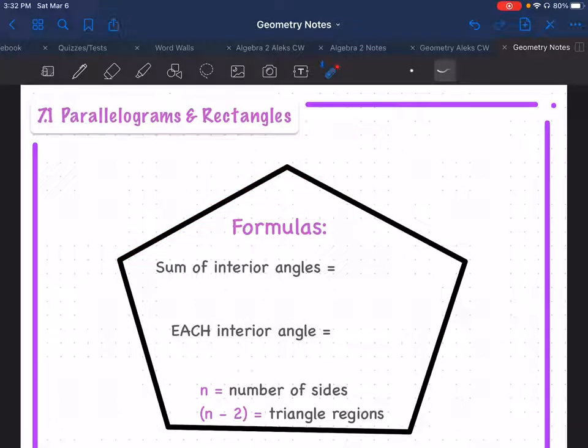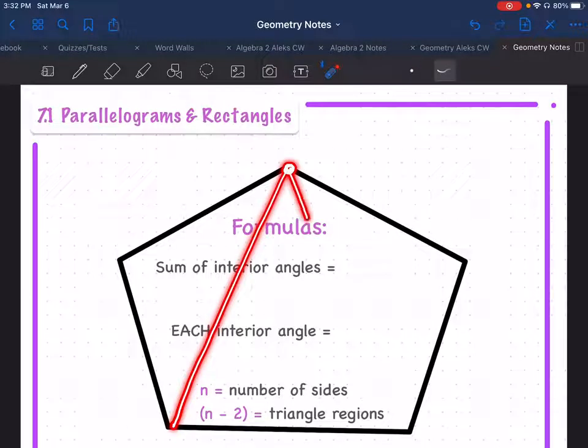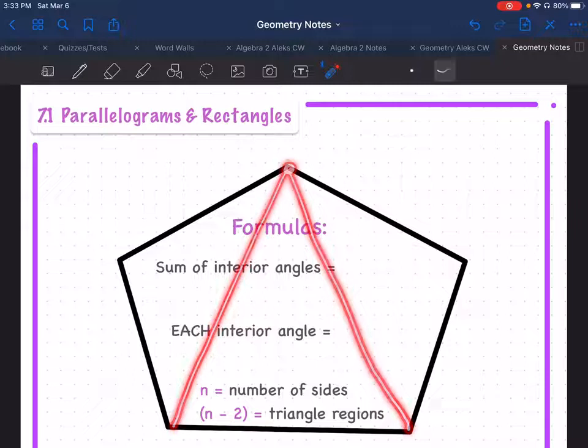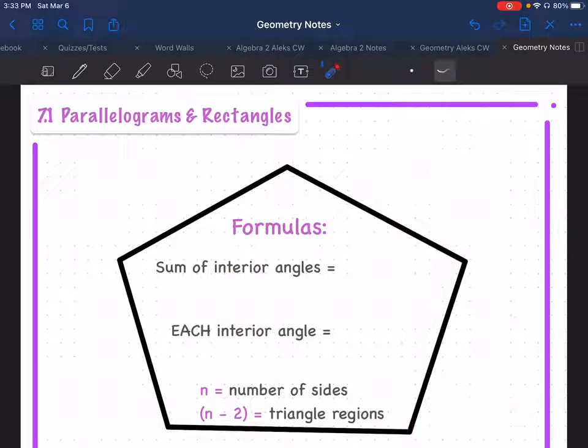Now, what we started to notice is that if I were to take a vertex of my polygon and create all the triangles inside, from one vertex to another, I could figure out the sum of the interior angles. Now a triangle we know adds up to 180 degrees.